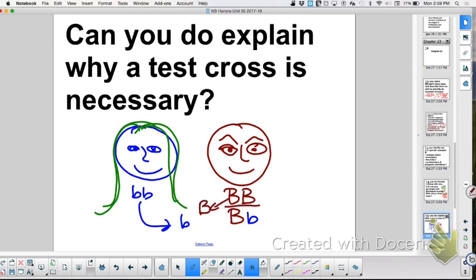Big B. But if they are this, half the time they will give a big B, I would predict, and half the time they will give a little b, right? So I test an unknown genotype. I know what his phenotype is. He's got brown eyes. I just don't know how brown he is, right? So I test him with somebody who's the anti-brown, the blue eyes, and then I'll find out how brown he is.